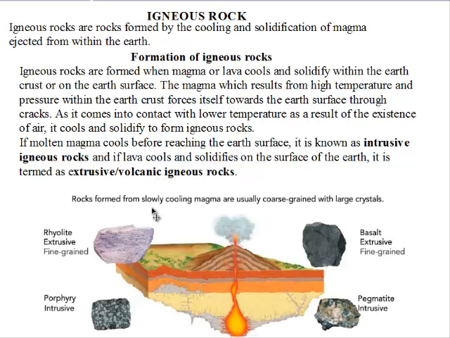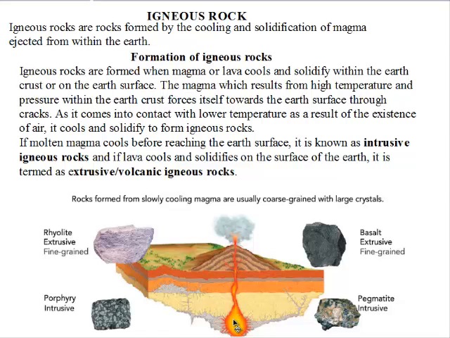So now let's look at an illustration of how igneous rocks are formed. Now this is our magma chamber, and you can see the magma rising through the cracks here, through the vent.